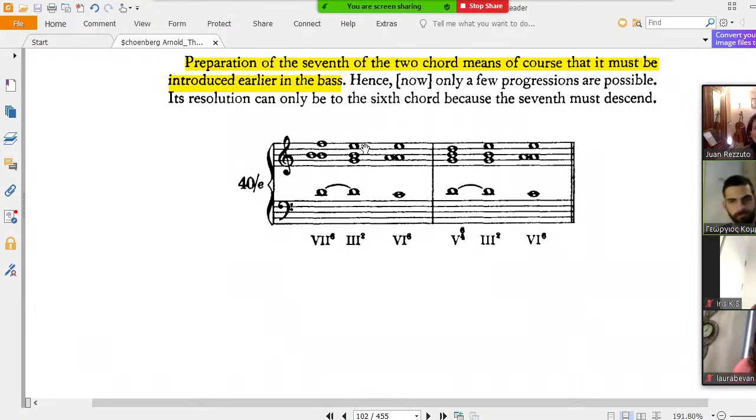So whatever you do, the only thing that has to be clear by the end of this chapter is that all the preceding rules apply. You know that the seventh degree resolves on the third. You know that you have to double the third. In this case, you're not going to double the third because it's in the bass, so it's not needed.